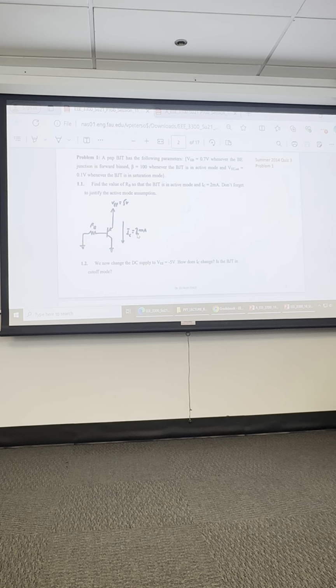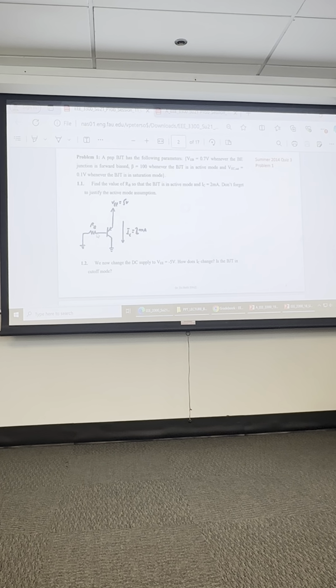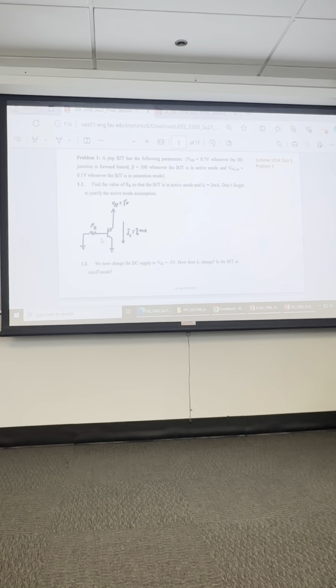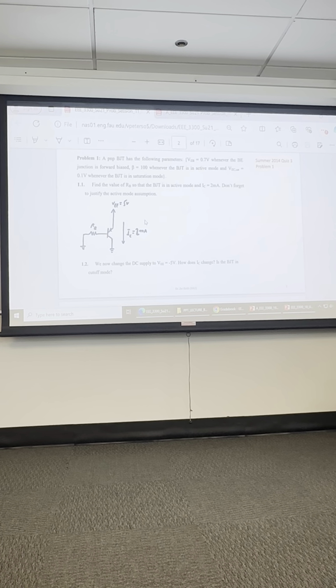It's not much information given, however, it is enough information to solve the problem. We notice our RB is grounded, which is fine. We don't need DC voltage on a PNP transistor. It's grounded based on the PNP.